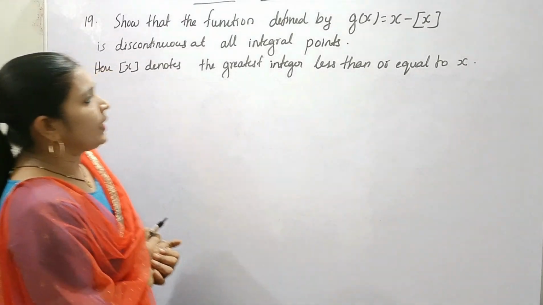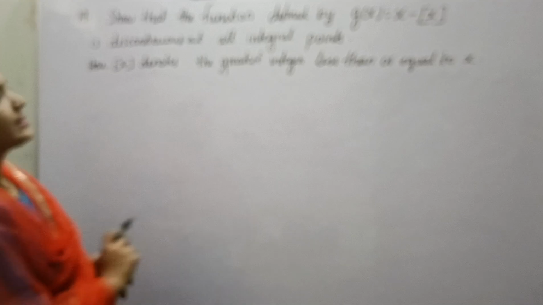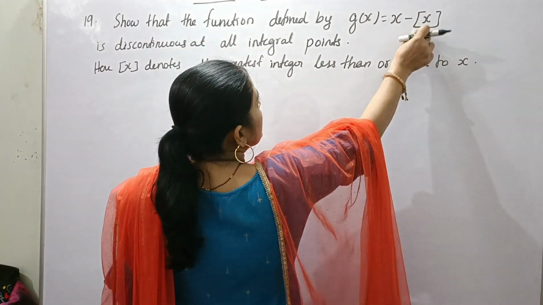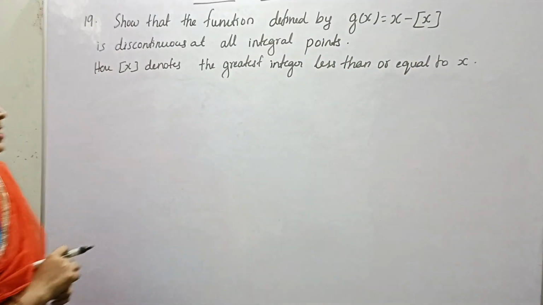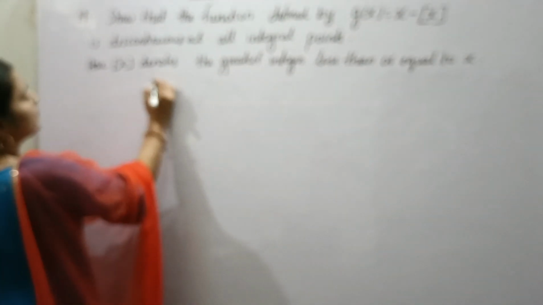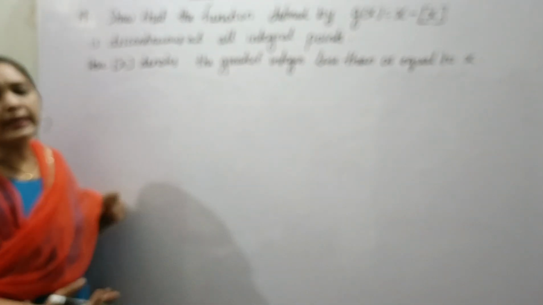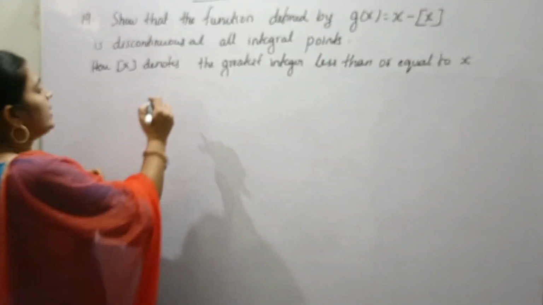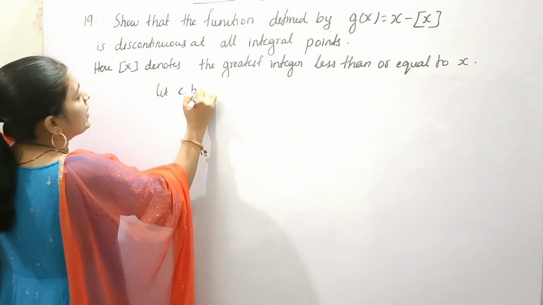First of all, let's consider only this function, that is, the greatest integer of x. After that we will take it together. So first of all, let's take any integer.